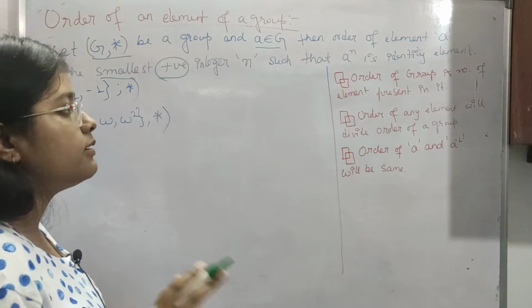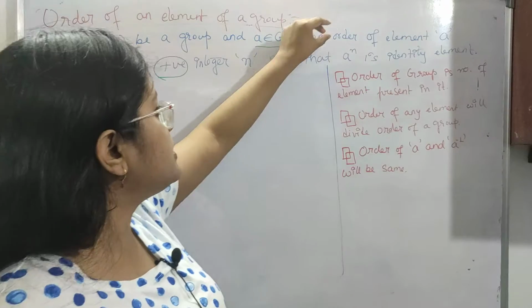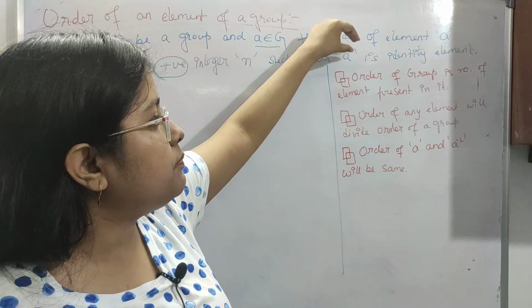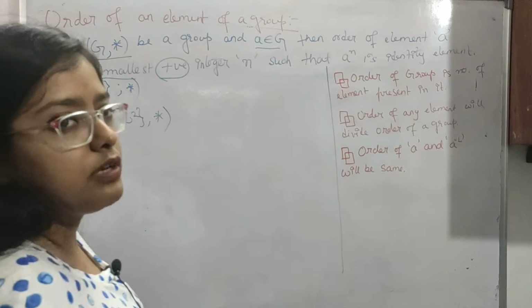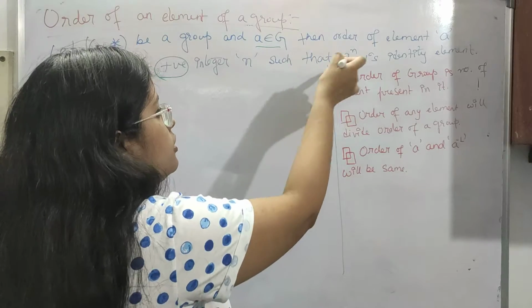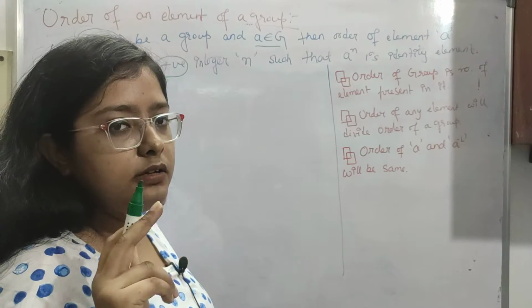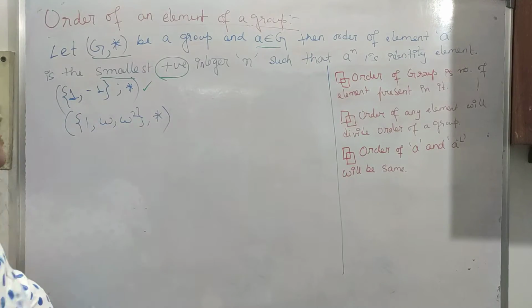With an example it will be clear. Here a is an element, and a to the power n is the identity element. So we have to take the smallest n, take the power, and check if it gives the identity element. Let's see this example first: {1, minus 1} with star.